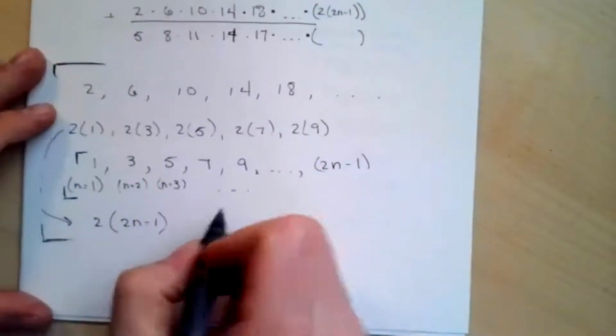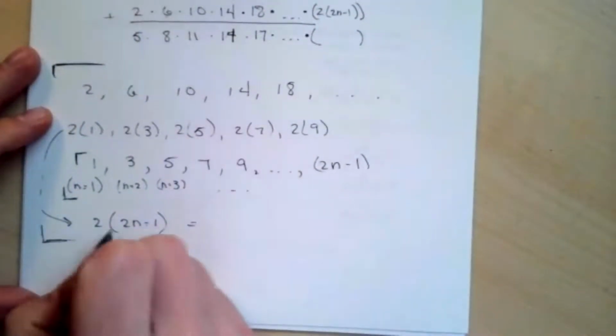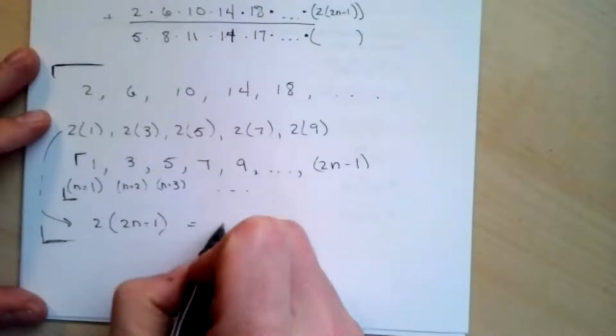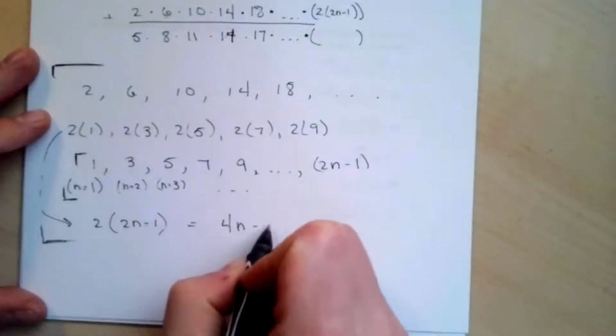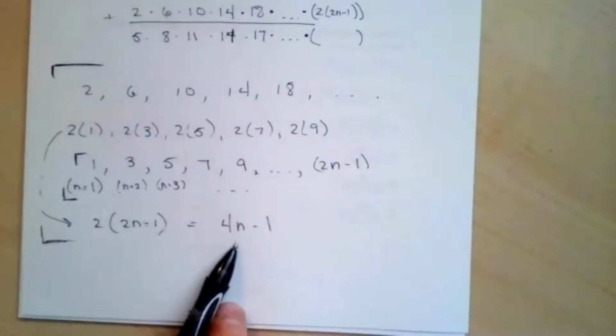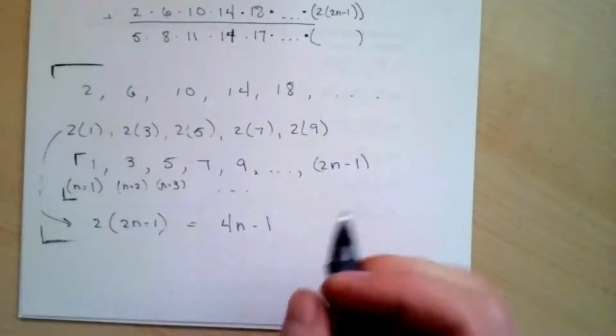So let's take a look at this. Maybe we can expand this out if we want to look a little deeper into it. 4n minus 1. If I wrote y equals 4x minus 1, what type of equation is that? Right?